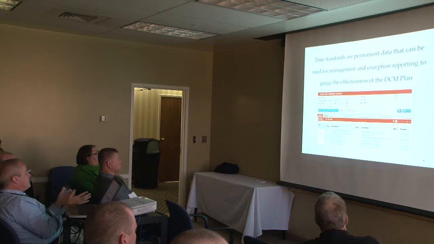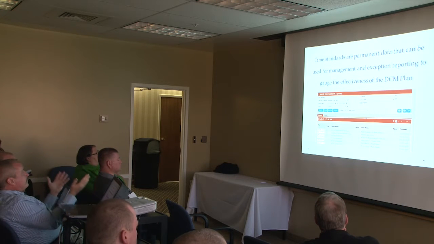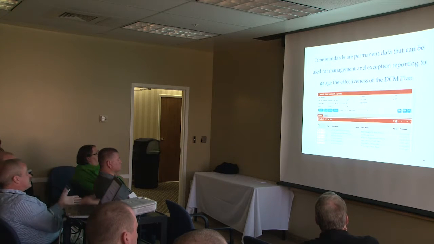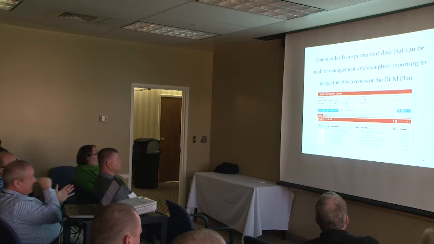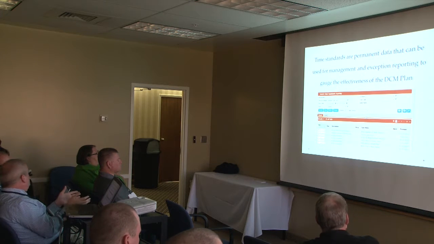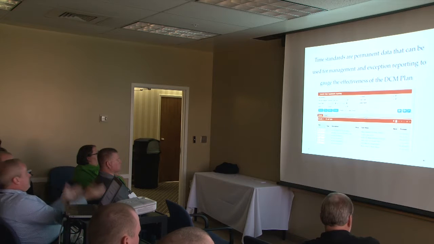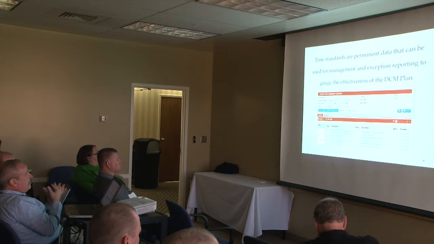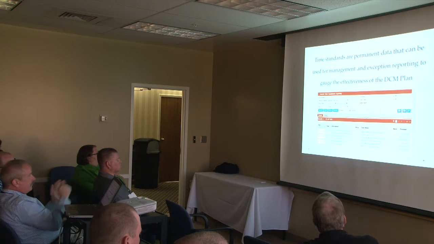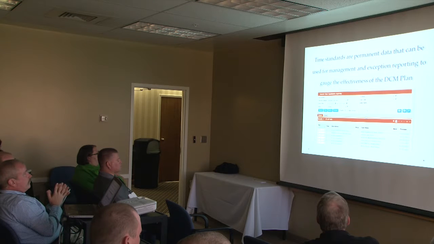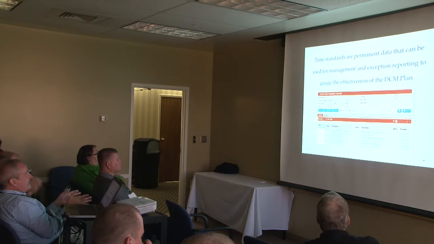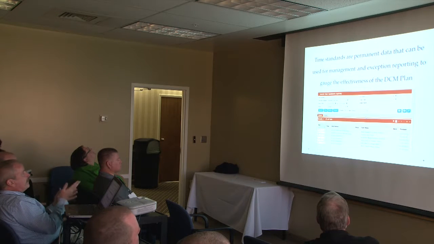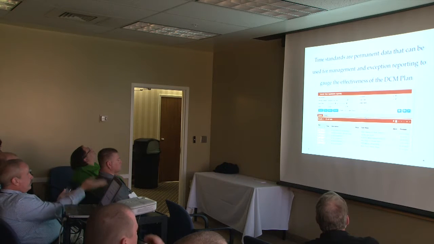And remember, time standards can be not only about the big things like disposition or setting of a trial date, but they can also be about the little things like how long did it take a scheduler to schedule a case? How long did it take the mailroom to mail out something if you track that in the system? So really, the sky's the limit as far as time standards, and if it's something that is a critical function that you want to track as part of a DCM plan, then you can certainly do that.